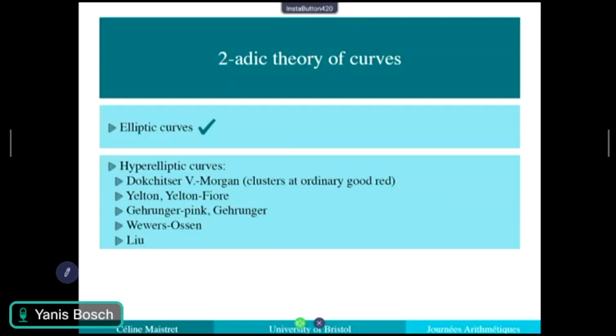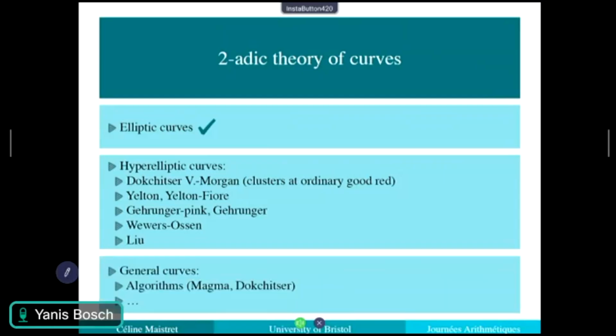The work of Yelton and Yelton-Fiore. The new work of Obus and Wewers, and Obus himself. This is on stable reductions at 2, and also algorithms by Wewers and Obus, and algorithms by Liu. So here again, we have a lot of tools to work with. I think we can say that we're very hopeful that we will be able to understand this p-adic theory of curves a bit better for hyperelliptic curves.